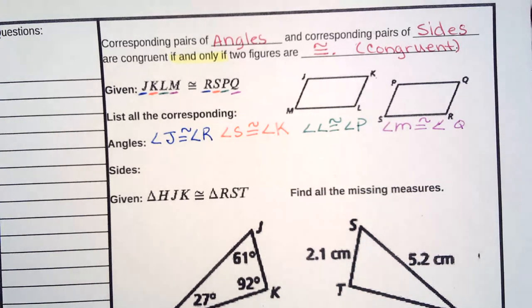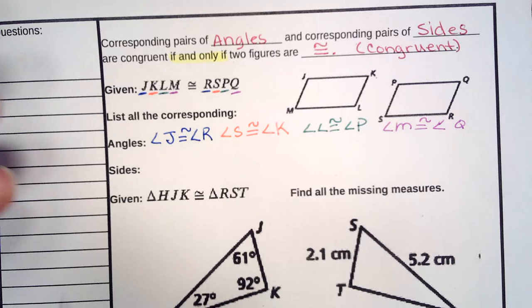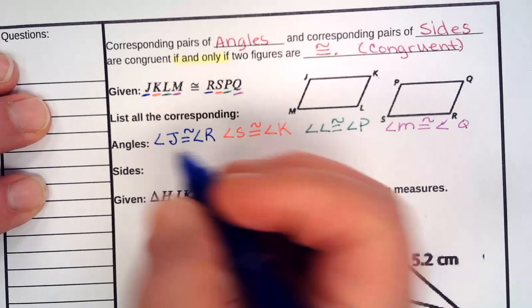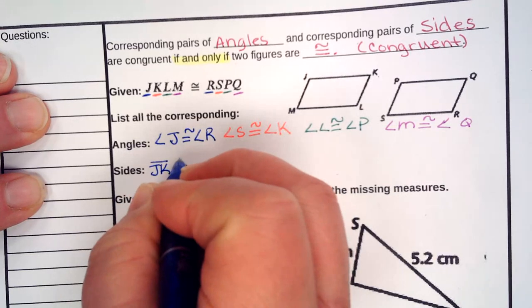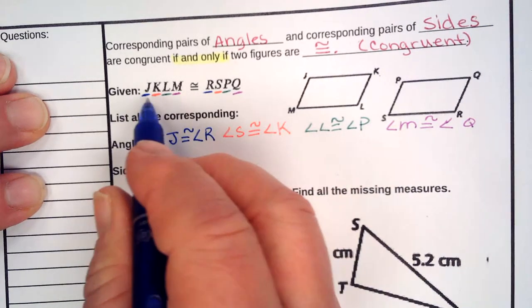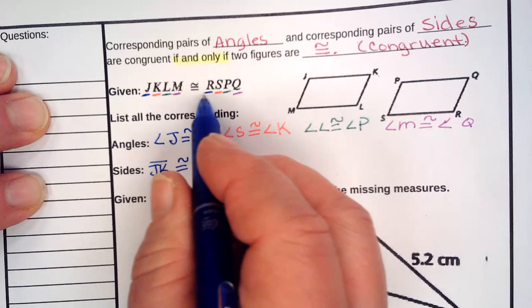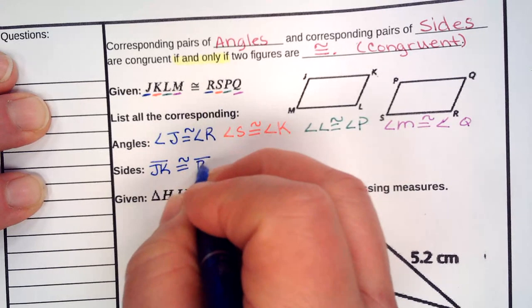Okay, you notice I didn't even really look at the figures. And that's okay, because I know that when I pair them up, they've got to be in the same position on the congruent statement. So let's look at the sides now. If I look at the first two, segment JK is congruent to segment, first two on the last one, RS.